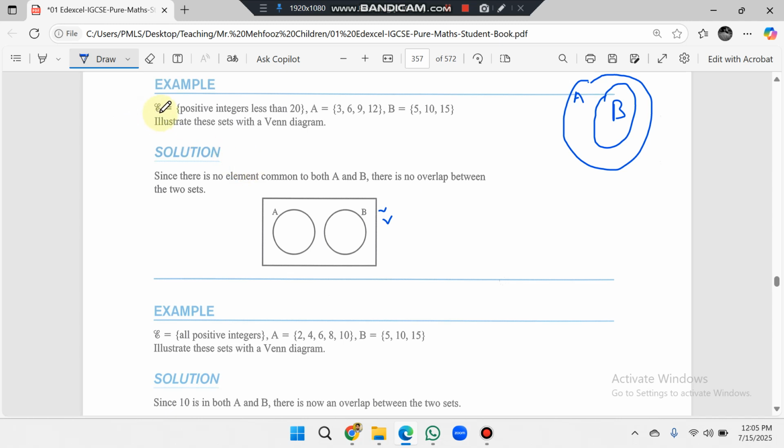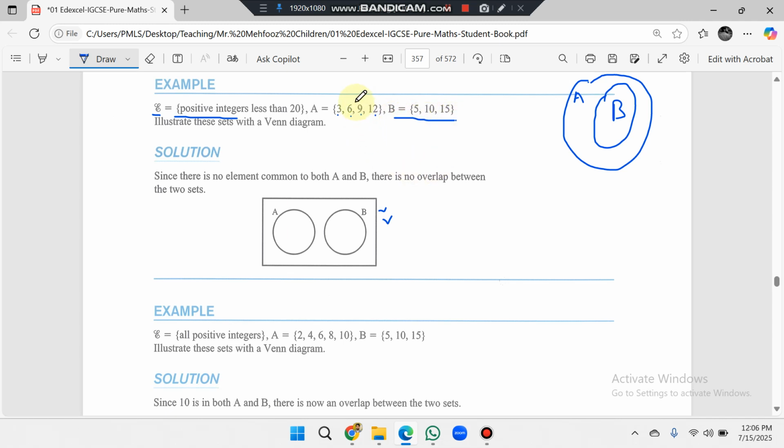For example, this is the universal set, and the universal set contains the positive integers less than 20. It means that 2, 4, 6, 8 and so on. Less than 20 means that till 18, right? Set A is 3, 6, 9, 12, and set B is 5, 10, 15.